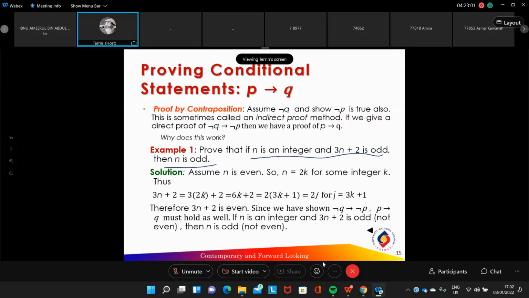So in indirect proof or contraposition, always remember, don't state it in its positive state. You need to put it into its negative state, right? So using indirect proof, we have to assume that n is even. And then we have to say that now we have to prove that 3n plus 2 is also even, because the original premise is odd.